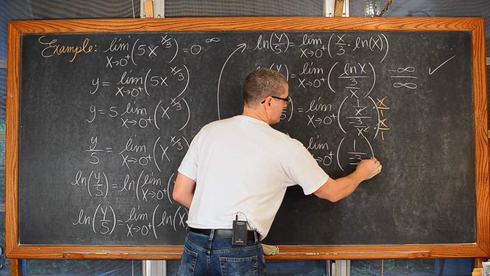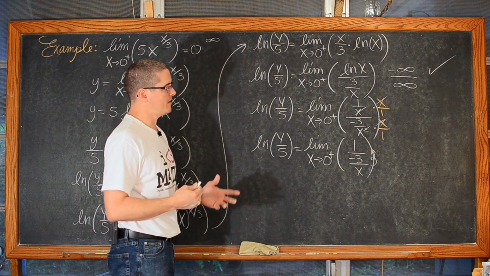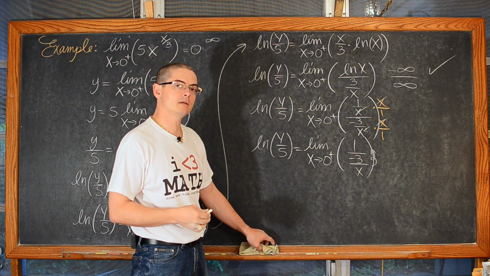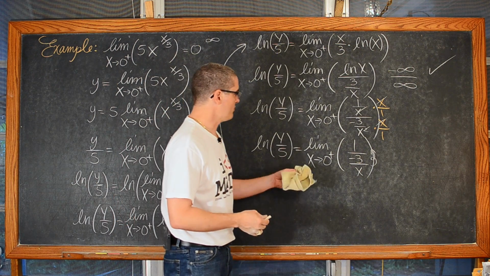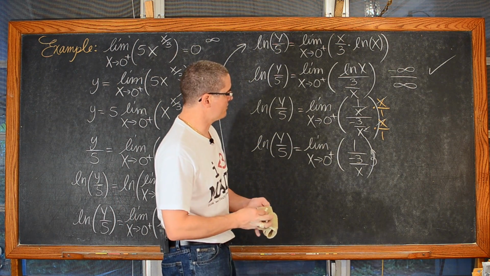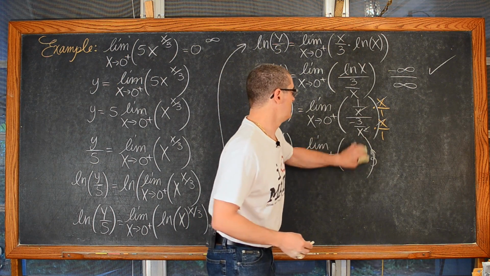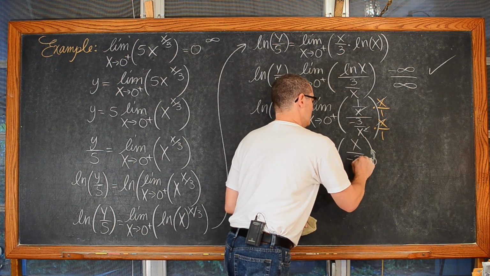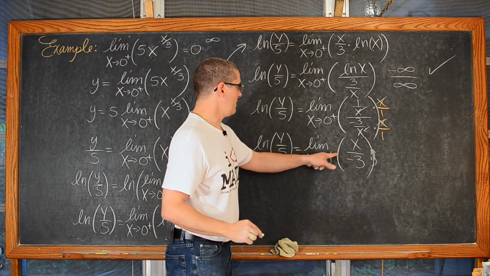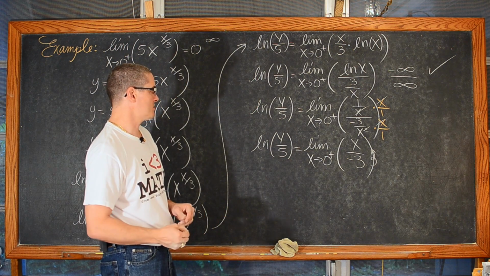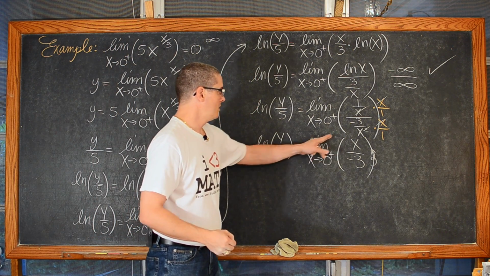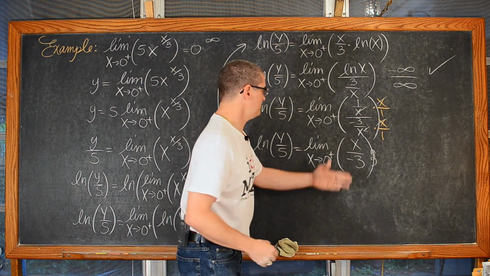If you take this bottom and flip it up, that becomes x over negative 3. I'm running out of room, so I'm going to erase this and rewrite that as x over negative 3. And as I let x approach 0, we get 0.